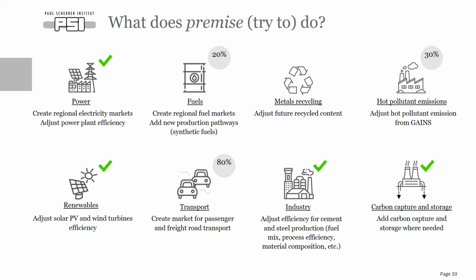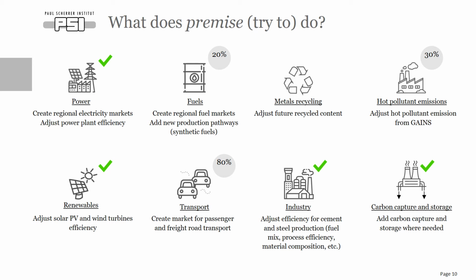We also do that to a certain extent for steel production, where we adjust the efficiency of the furnace, the electricity that is of course used to produce secondary steel, but also the share of primary versus secondary steel that should be available in the future, and depending on the regions, of course.